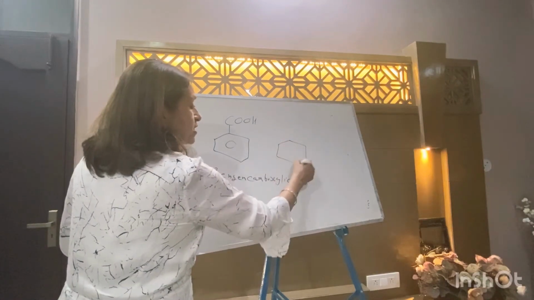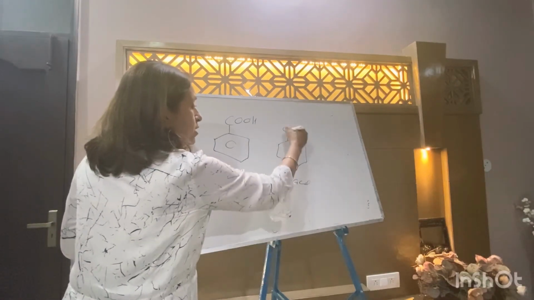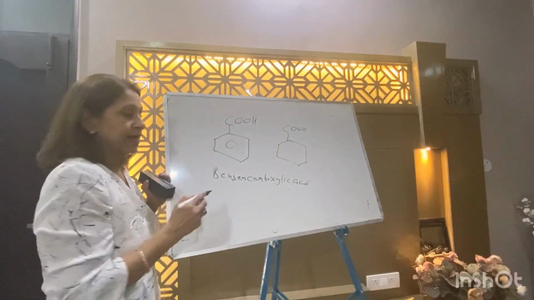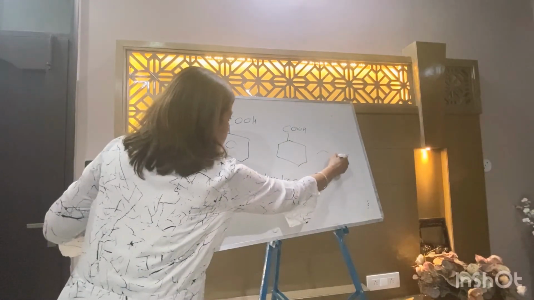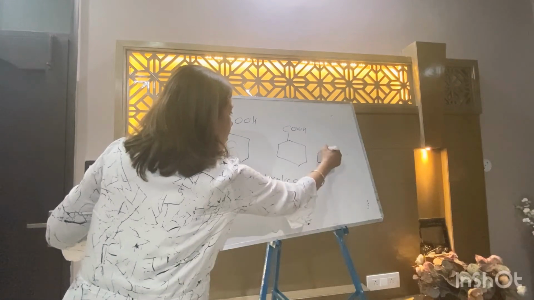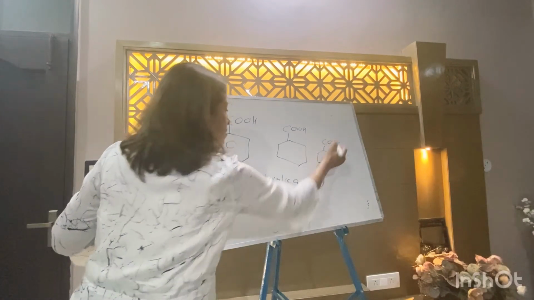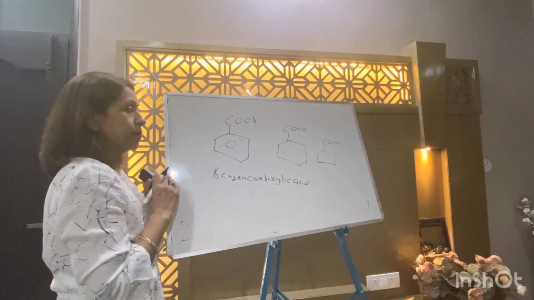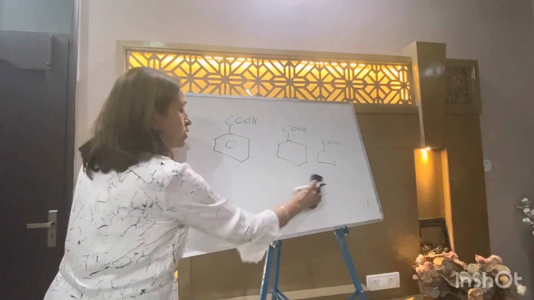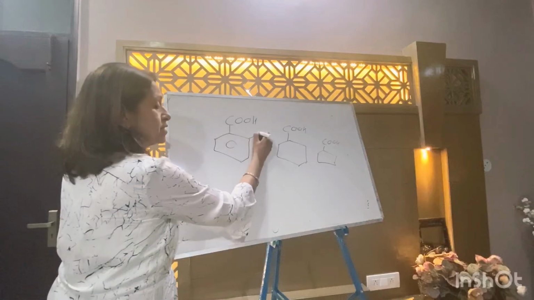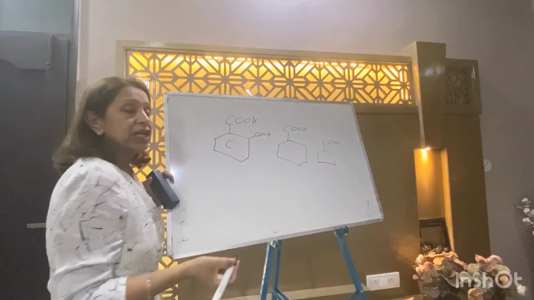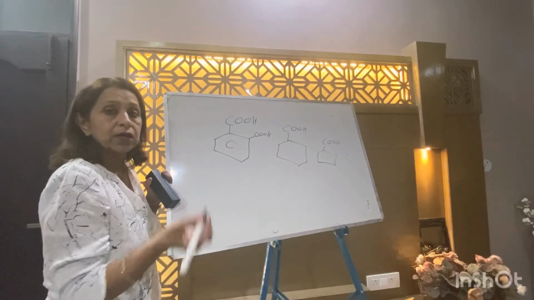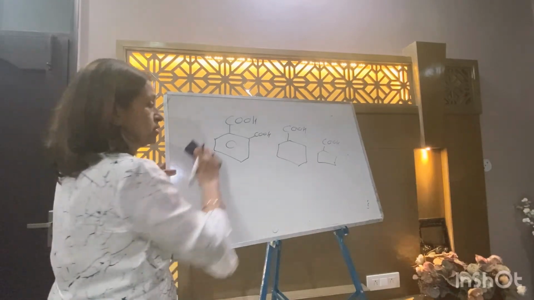And if it is in a cyclic compound, it is cyclohexane carboxylic acid, or cyclopentane carboxylic acid, a 5 carbon ring. Cyclohexane is a 6 carbon ring. Benzene carboxylic acid. With two acids, it's benzene-1,2-dicarboxylic acid, or ortho dicarboxylic acid.